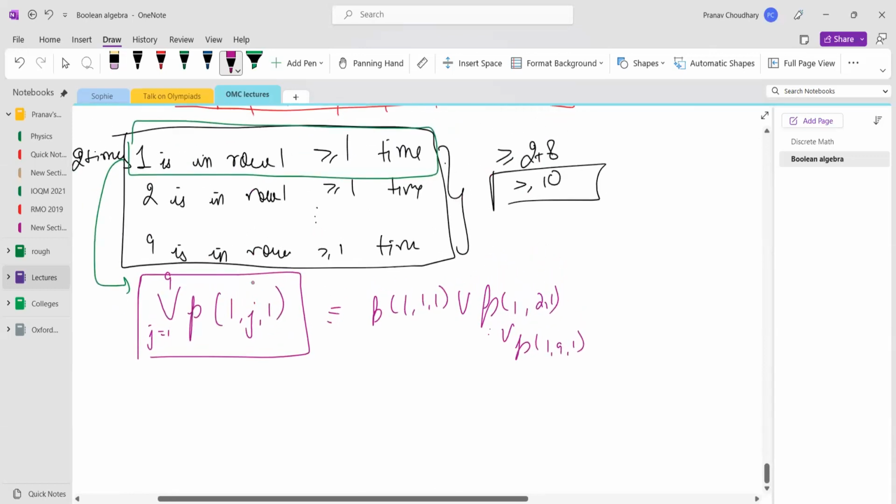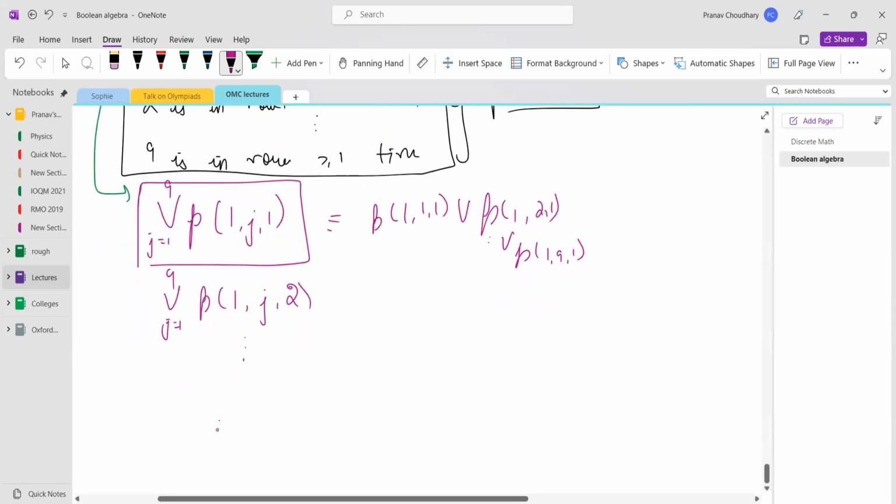So I hope this is clear. This means that 1 is there in row 1 at least once. And now we have to check for all the numbers from 1 to 9. So we want that this is true, we want that this is also true, and we want this for all the 9 numbers.